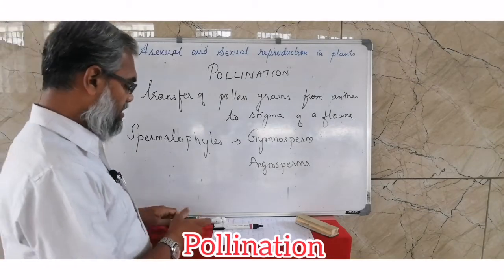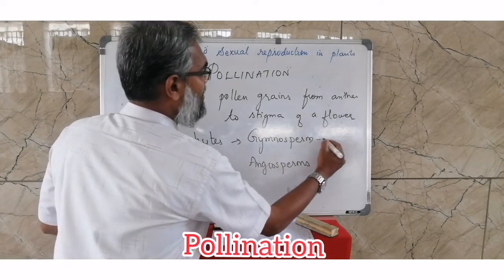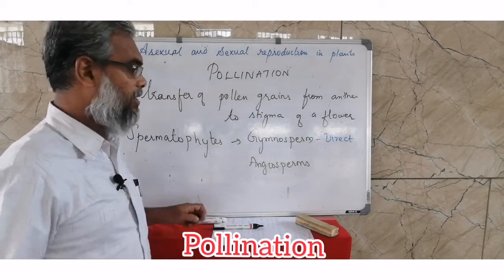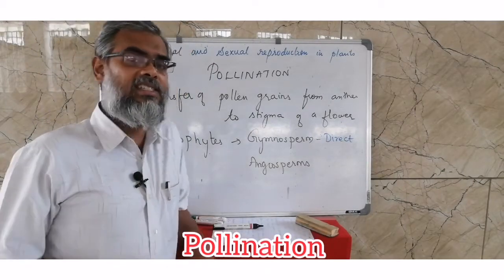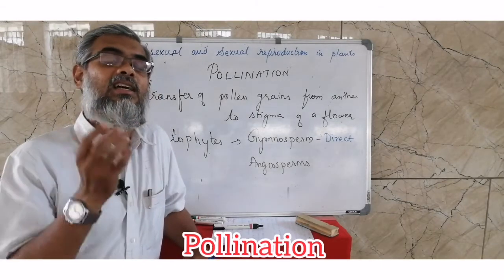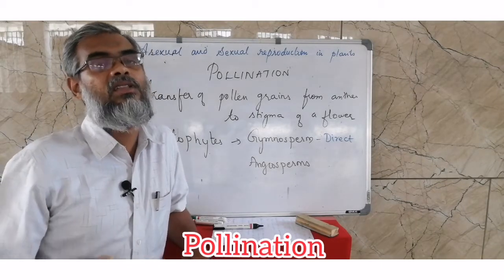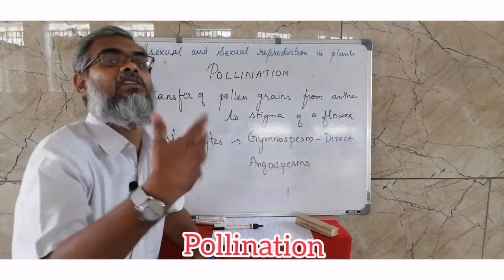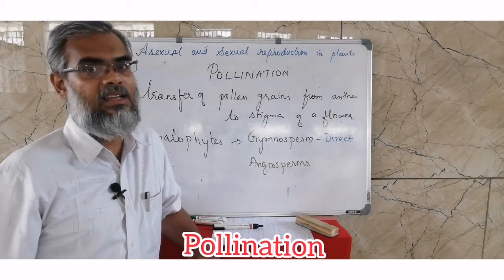In gymnosperm, it is called direct pollination. Do you remember why we say it is direct? Because in gymnosperms, the seeds are naked, so the pollen grain falls directly on the ovule.